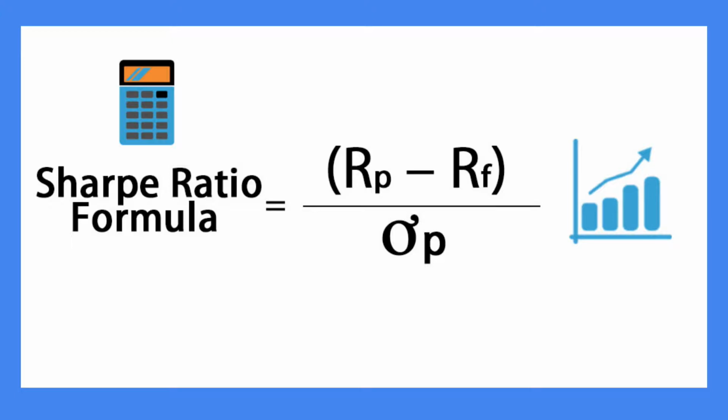This formula measures the rate of return of your portfolio per standard deviation of the portfolio. Standard deviation is another word for volatility, which means risk of your portfolio. So the higher the Sharpe ratio, essentially that means you're being rewarded for taking on more risk-adjusted.